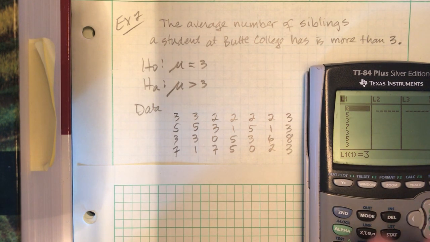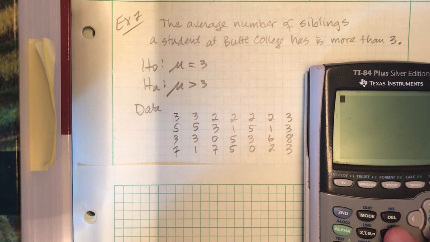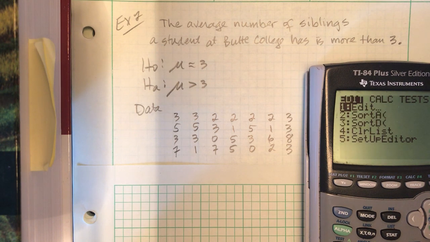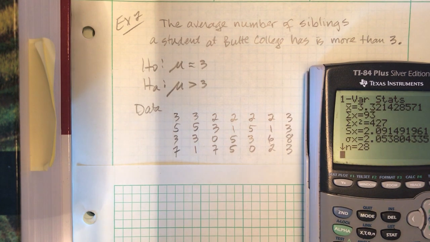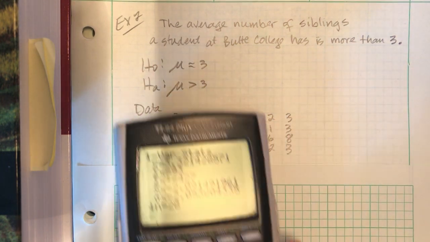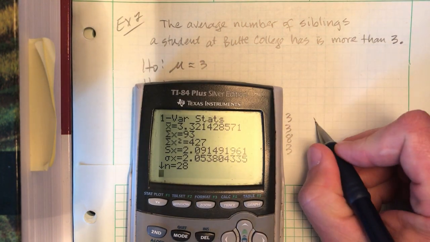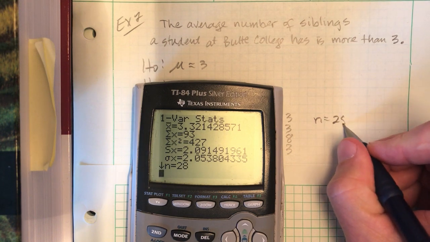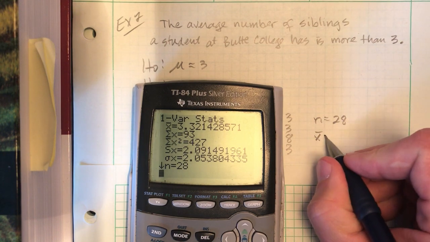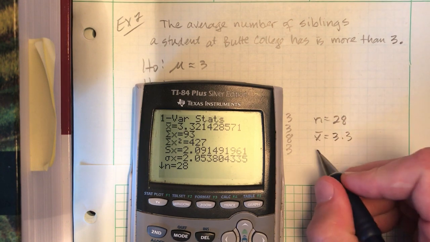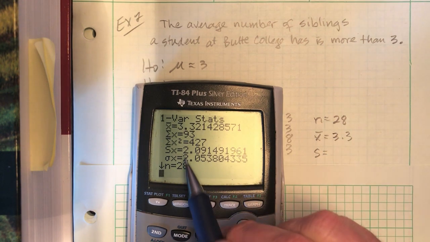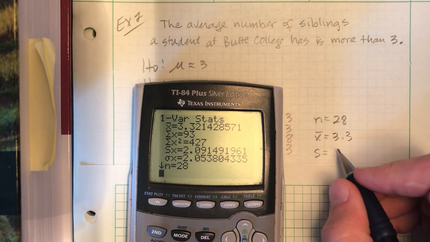When I return to my home screen, we'll run one var stats by hitting stat, calc, number 1, of list 1. And there's my data. So I had to do it myself this time. So let me jot down the important numbers here. My sample size was 28. The sample number of siblings, we'll just call that 3.3, and my standard deviation 2.0915.